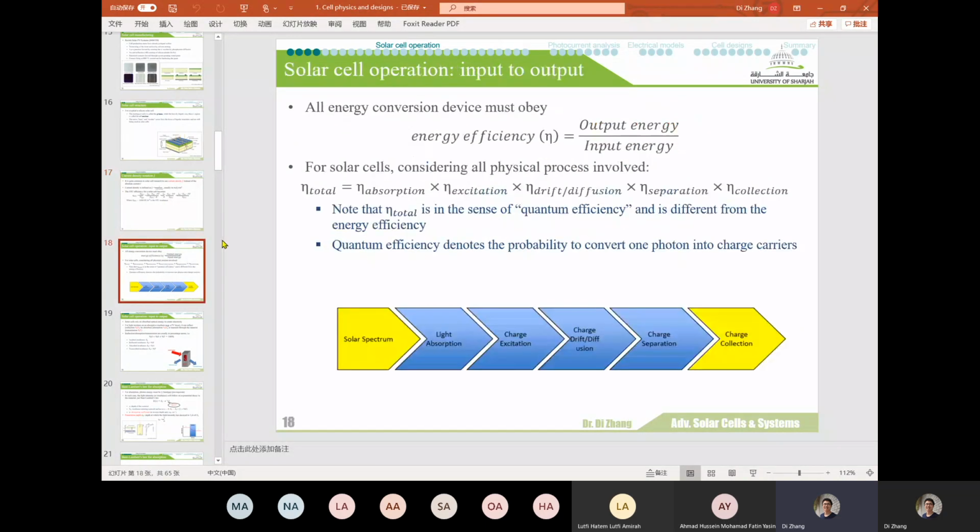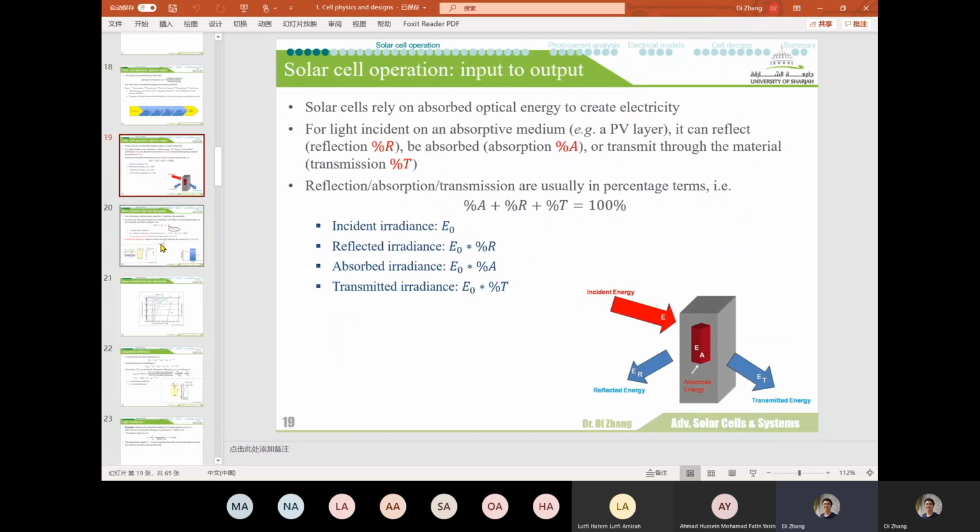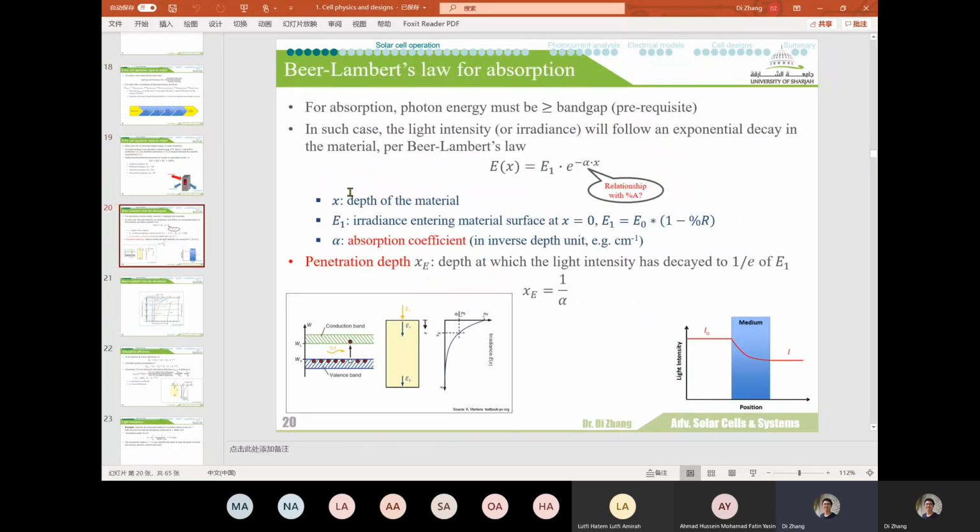For the optical performance, these exponential decay equations are very simple, so I expect that you understand them, know how to use them, and memorize these basic equations.